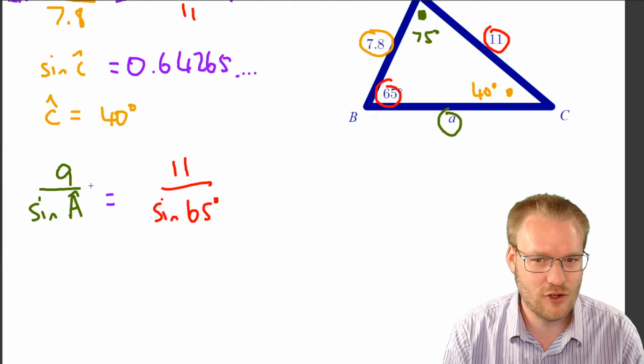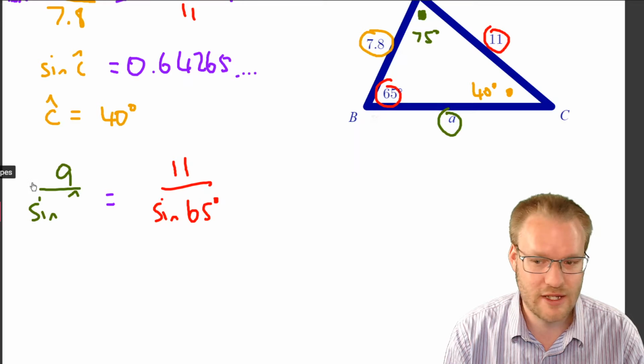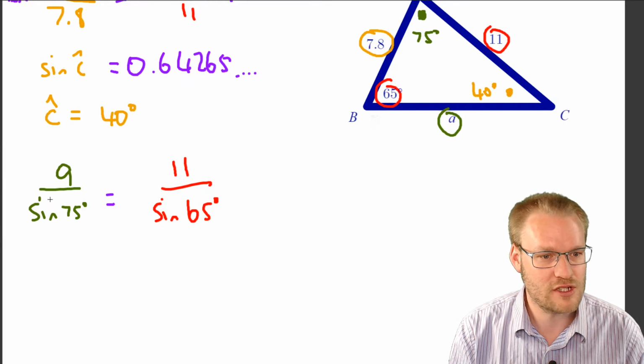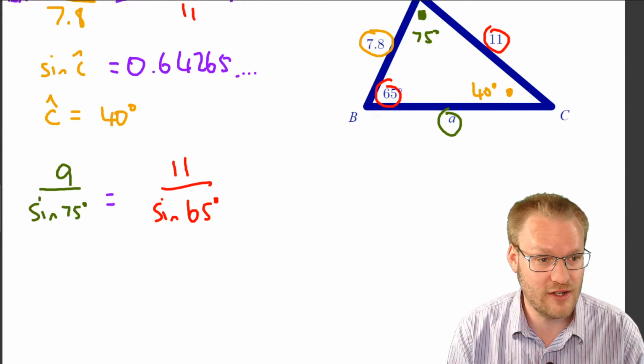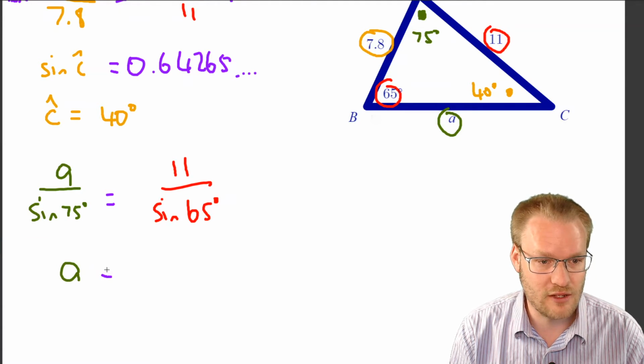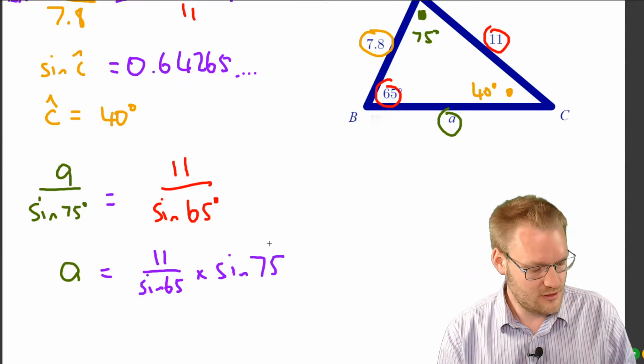So let's rub that out, replace it with 75 degrees. So times both sides by sine 75. So in other words, A equals 11 over sine 65 times sine 75.